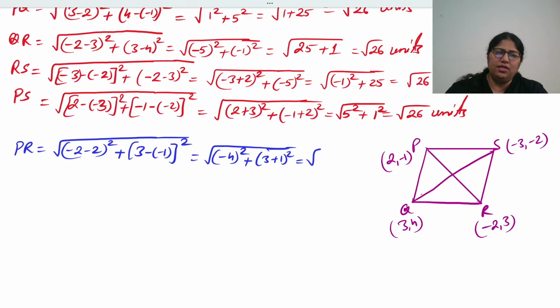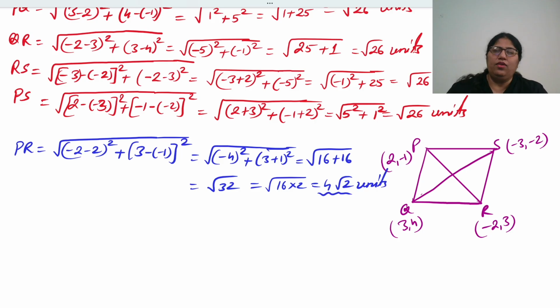How much is this? Minus 4 square is 16, plus 16, which is nothing but root 32. Now root 32, 16 twos are 32, right? You can write it as 4 root 2, or do the prime factorization to get the value here, right? 32, if you write it as 2 to the power 4 into 2, or 2 to the power 5.